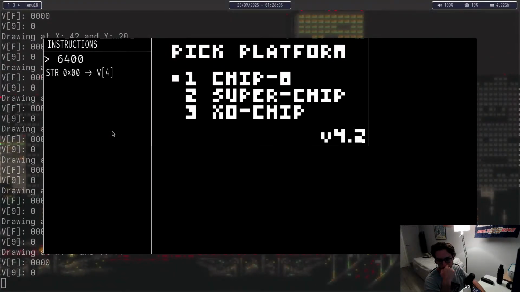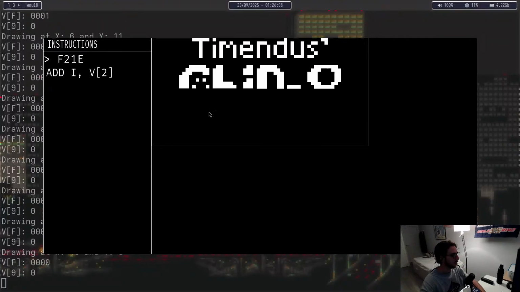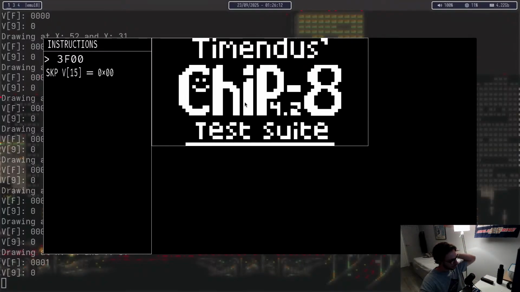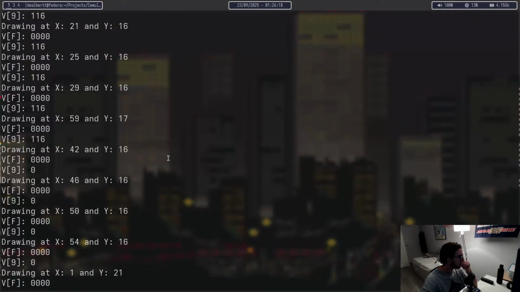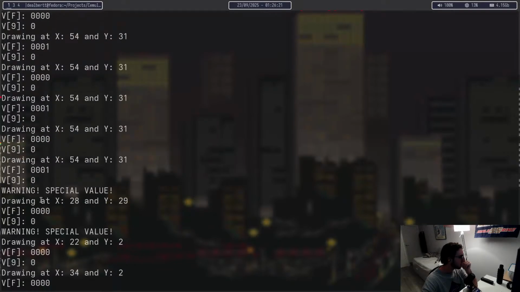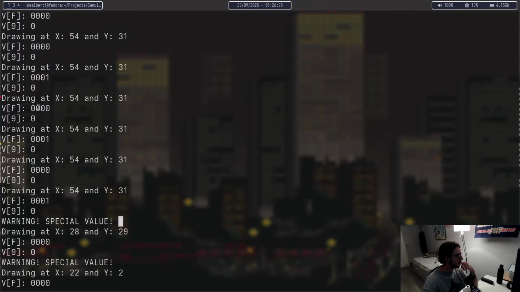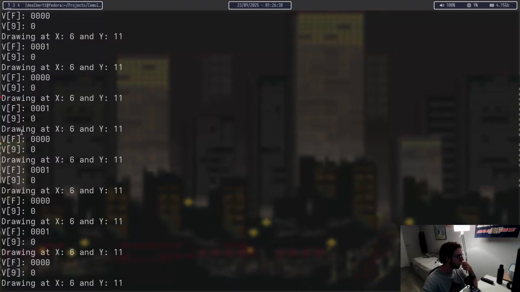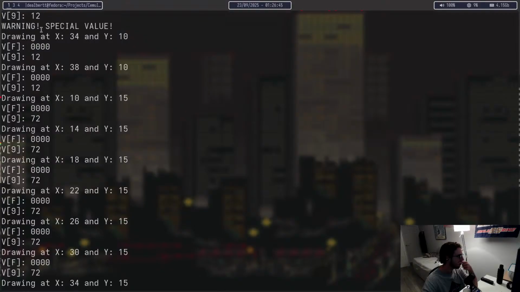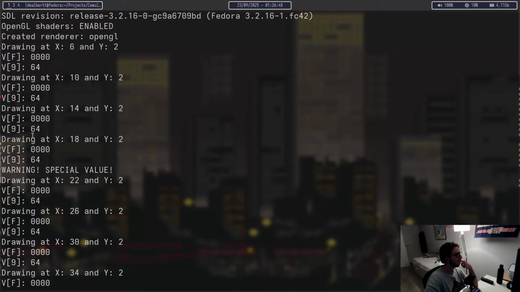Maybe try printing x and y whenever sprite of height 6 is wrong. Born in special value, born in special value. 34 to 10. 2022, but it's not really registered that one.